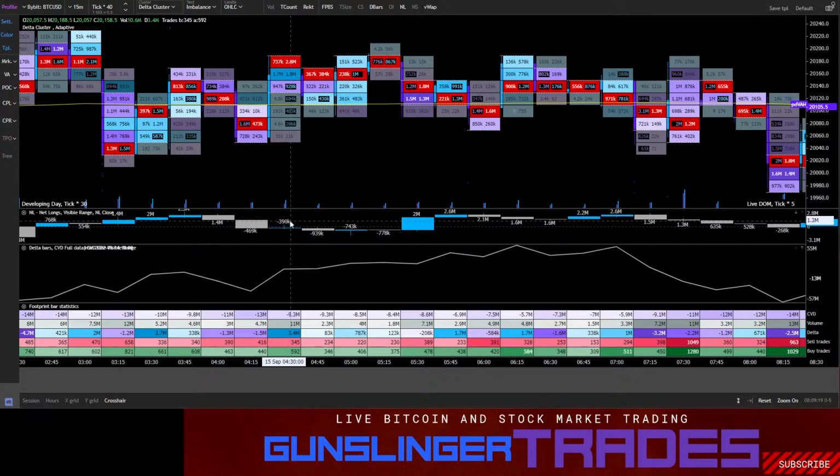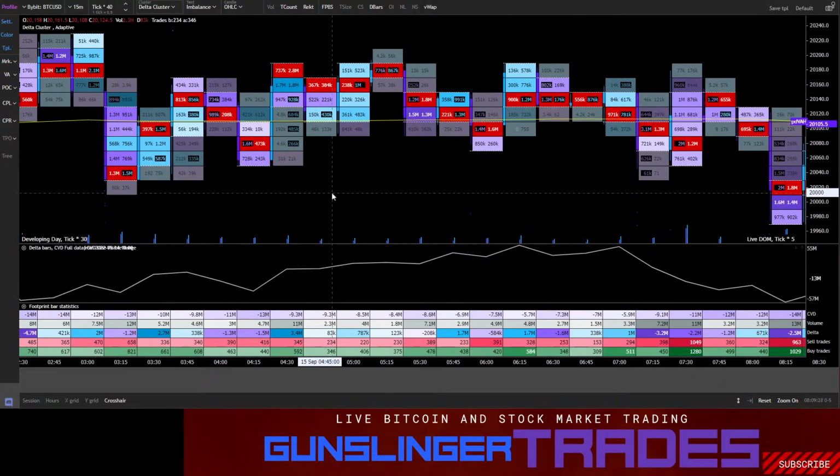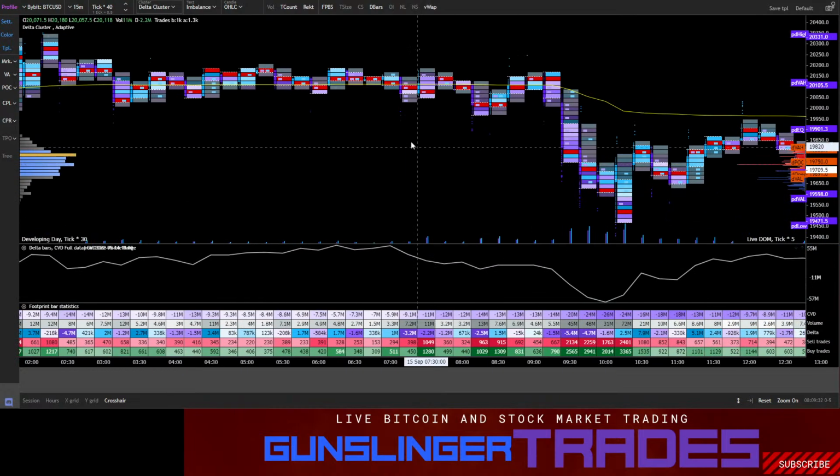I guess there weren't too many net longs coming in, but nevertheless, a lot of stacked imbalances here. Typically it would be a bullish candle, but there must be a large limit order trying to fill their orders and short the price down.